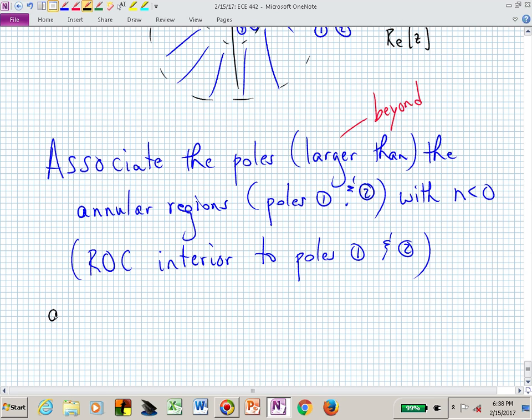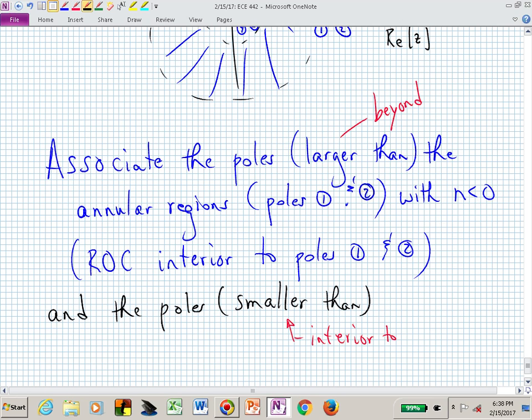And the other half, the poles, let's say smaller than, or interior to. I never know what is going to be clearer, since I'm using interior in two different ways, now I'm confusing myself.